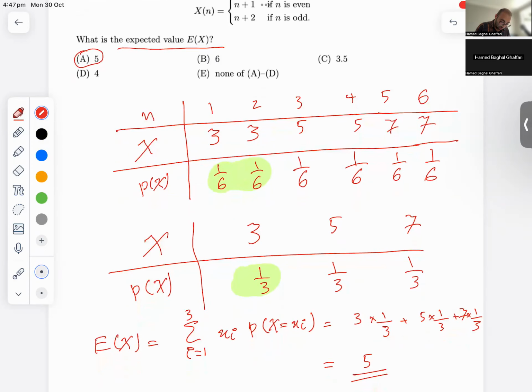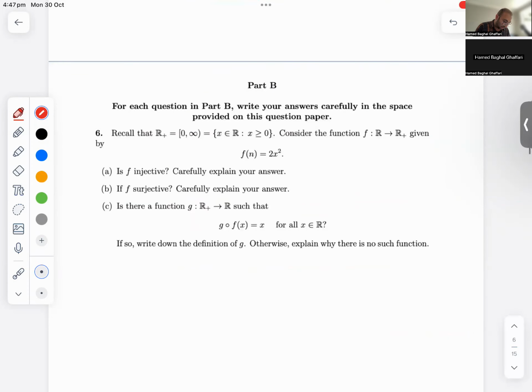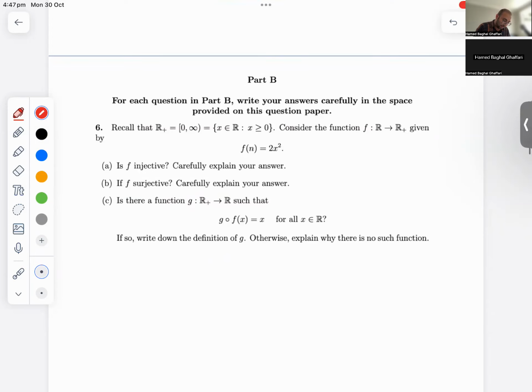Now let's go to question 6, and we can see that in part A, we have been asked whether this function is injective, or one-to-one, or not. From here we see that this should be x.